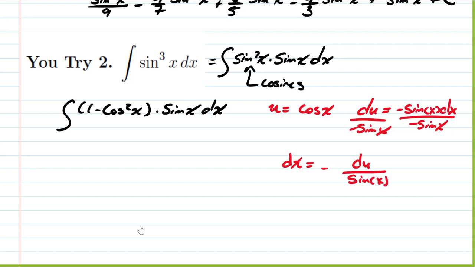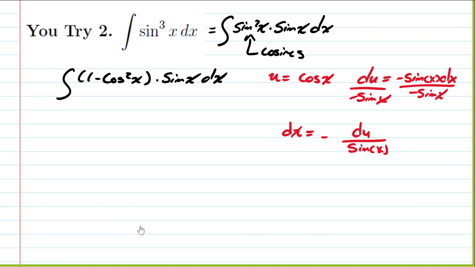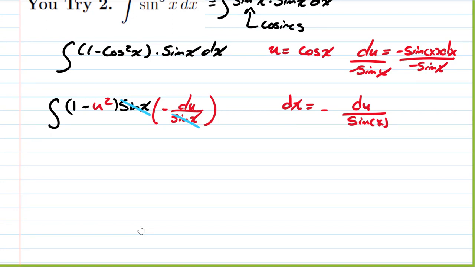So substituting all of that into our integral, we end up with 1 minus u squared times sine x, and then our dx becomes negative du over sine x. And as should happen, our signs reduce out, and negative du times 1 minus u squared is the same as u squared minus 1 du.